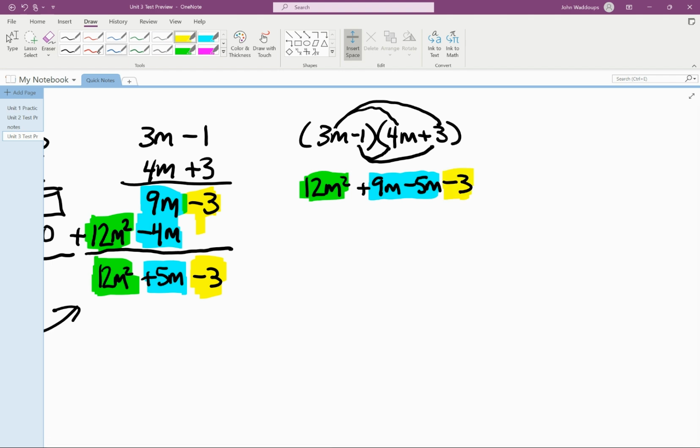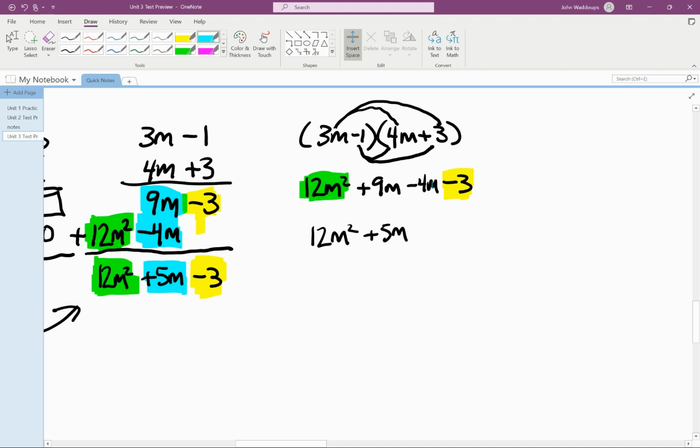But now I need to combine those that are like terms, and so I get 12m squared plus 5. I wrote plus 5 minus 5m. Excuse me. This should have been negative 1 times 4m is minus 4m. Sorry. But when I combine them, I do get that plus 5m.